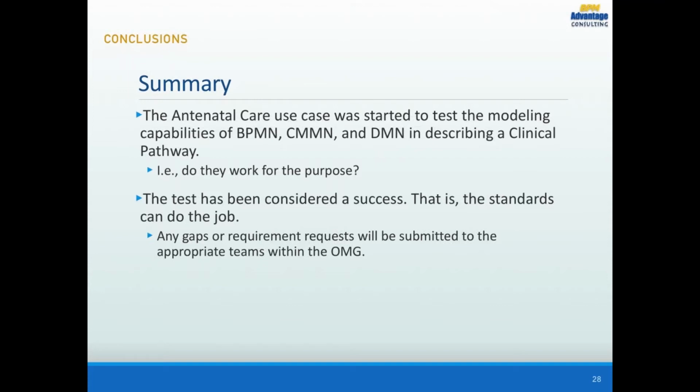They can be very complex decisions, and so we will be able to test how well DMN really handles all of that. So this is really the beginning, but I think it's been a success so far, and we're still working on the field guide. We're still working on this use case, and that is basically it.